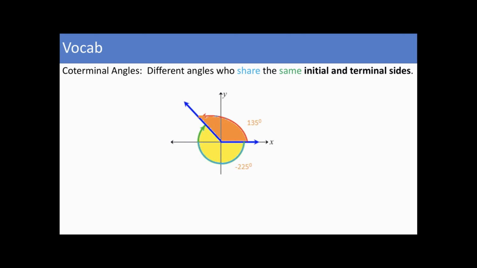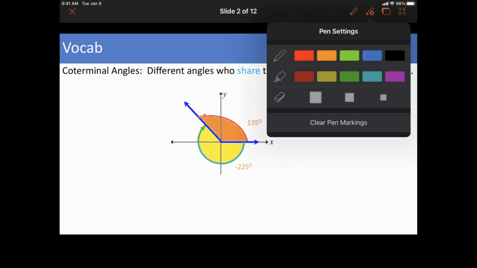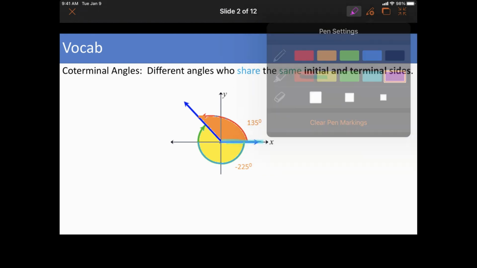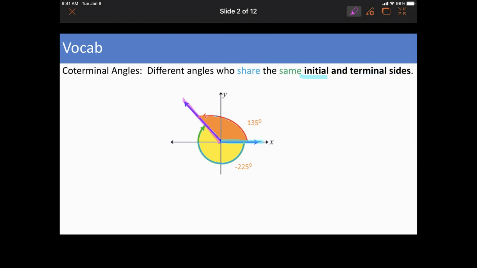So if we look at the angle, which is in blue, here's our initial side, and here's our terminal side, our ending side. And we can see that two different angles are written.